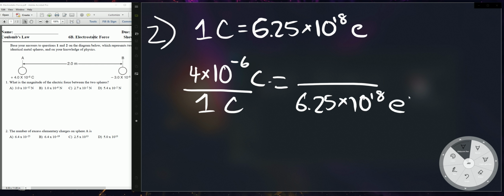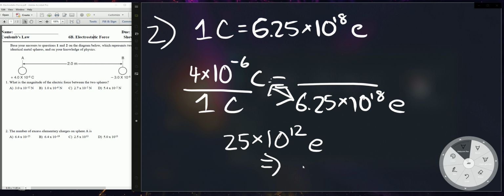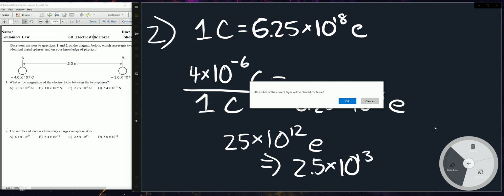And we're just going to do a proportion here. So you cross multiply this right here, and then that's what you get. You get a number. So 4 times that, you get 25. 10 to the negative 6 times 10 to the 18 gives you 10 to the 12. And you simplify this, you get 2.5 times 10 to the 13. And that is still the answer.